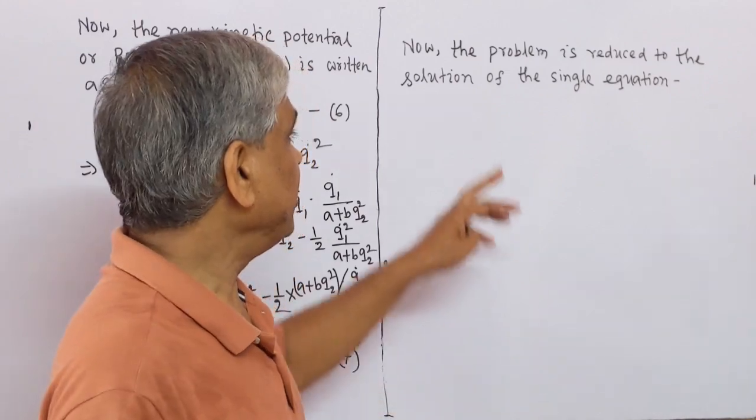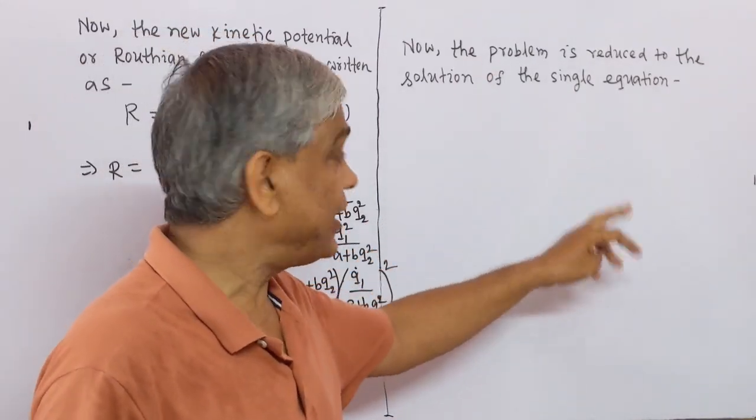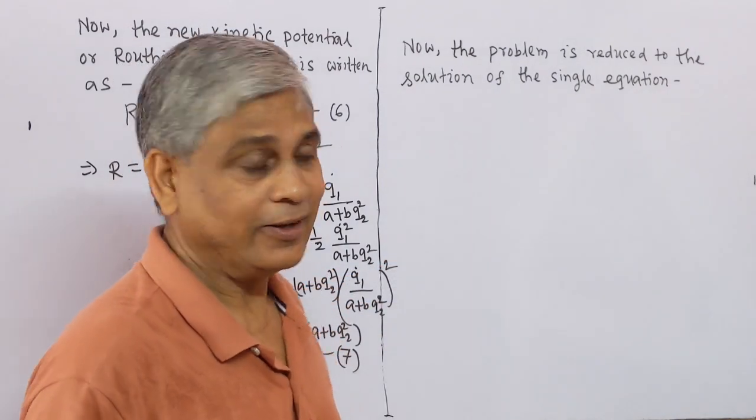Now the problem is reduced to the solution of a single equation, because Q1 is the ignorable coordinate, so only one coordinate Q2 remains.